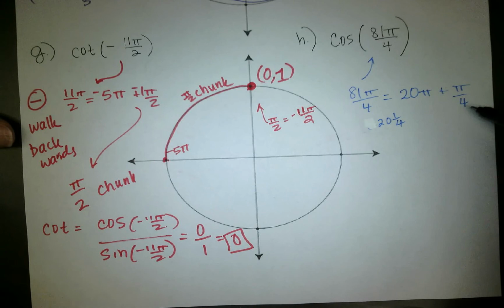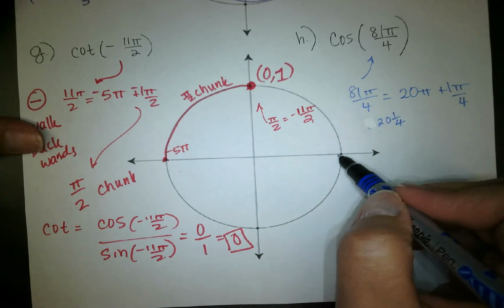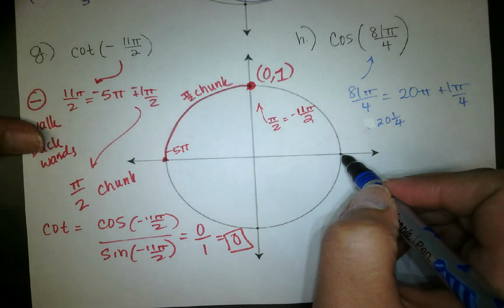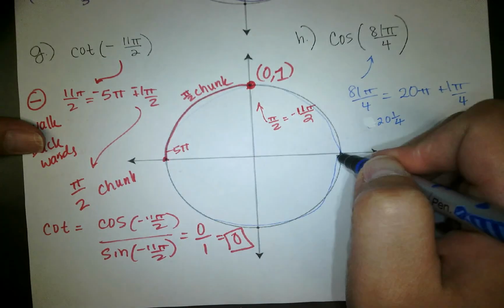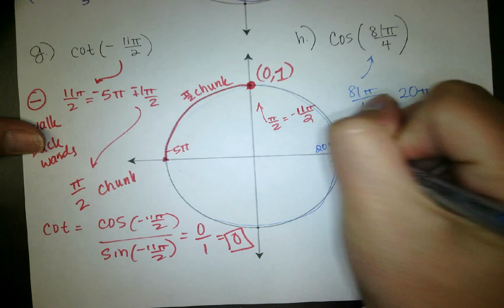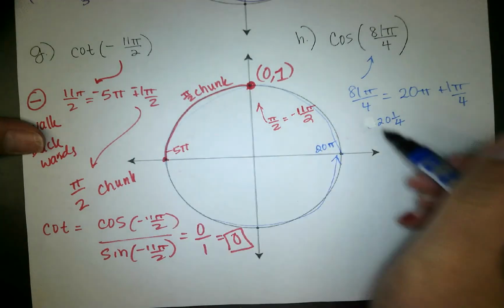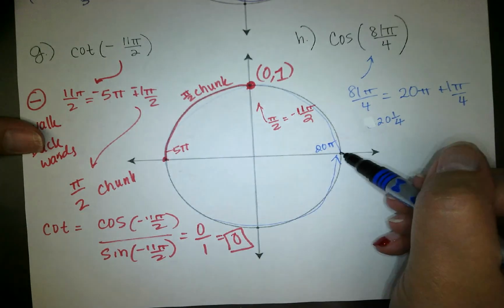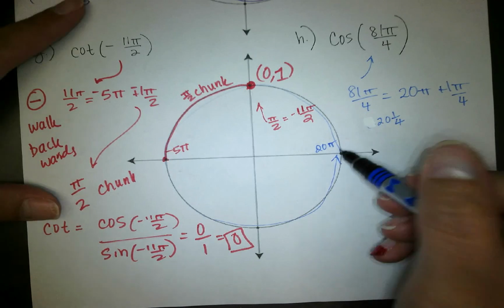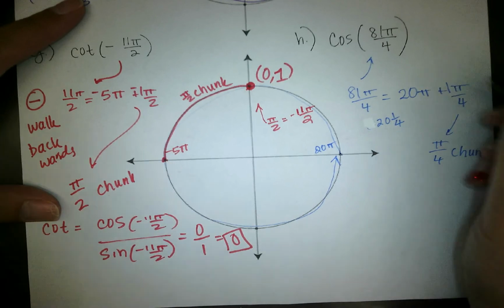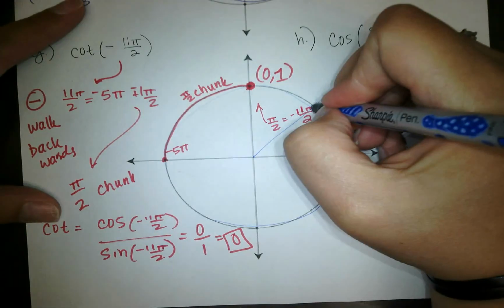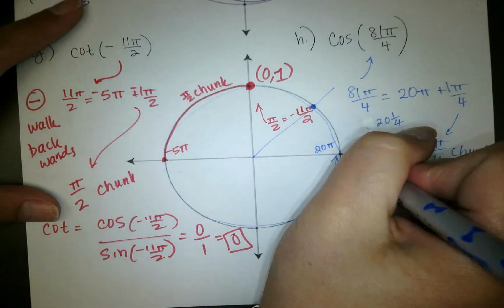If I walk counterclockwise, 1, 2, 3, 4, 5, 6, there's 20 pi. I've lapped it 10 times. I got 20 pi, plus another pi over 4 chunk. How big is a pi over 4 chunk? It's this big. That's my pi over 4 chunk.